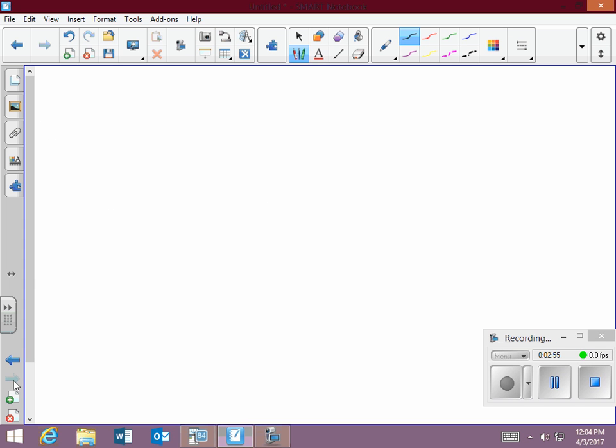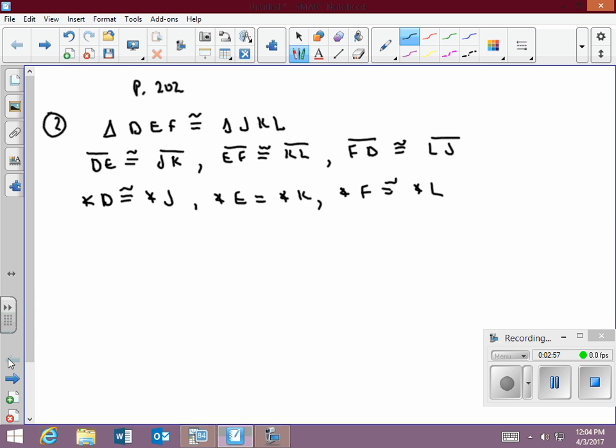So 4. For number 4, it says, for the pair of triangles shown, write the appropriate congruent statement. Be careful about the order in which you list the vertices.